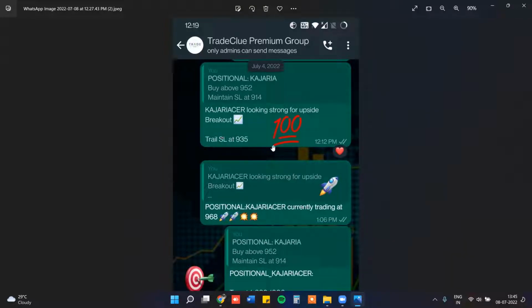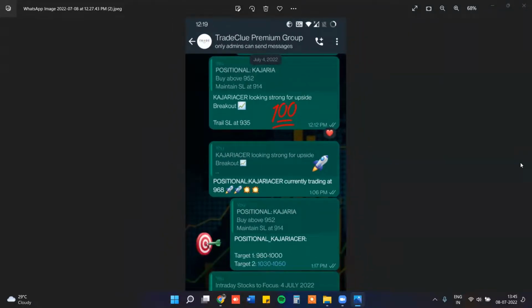The agenda is to trail the SL at a given point of time. It's not like we are always risking our full capital; we also trail our SL and enter into the trade. So the positional trade Kajaria has been good.